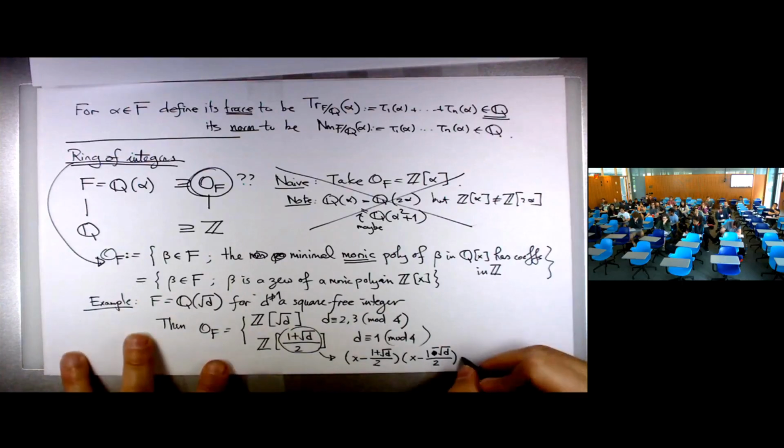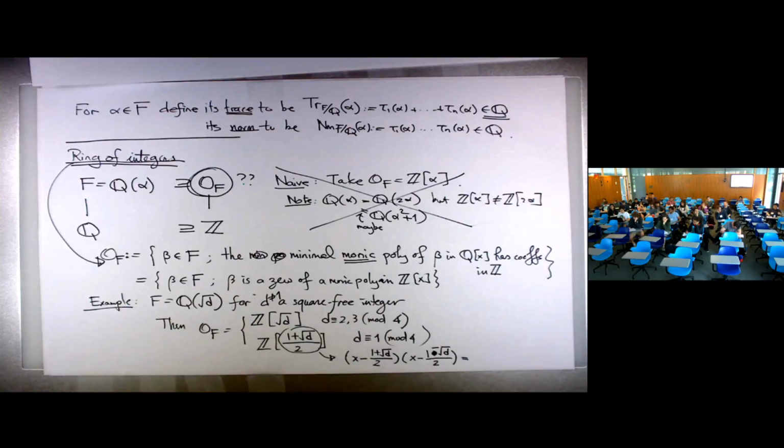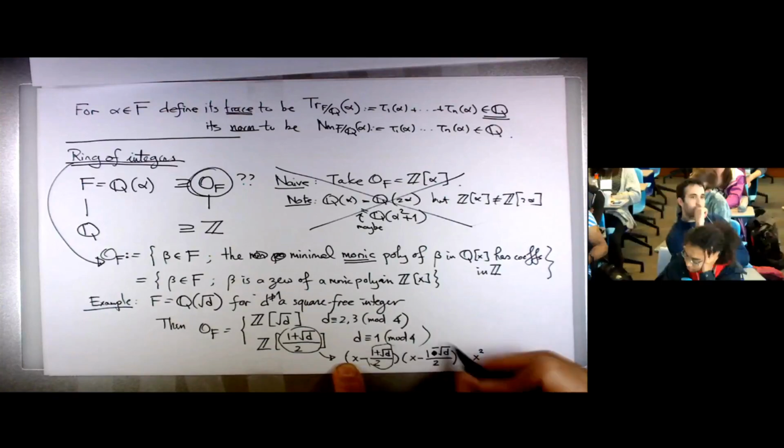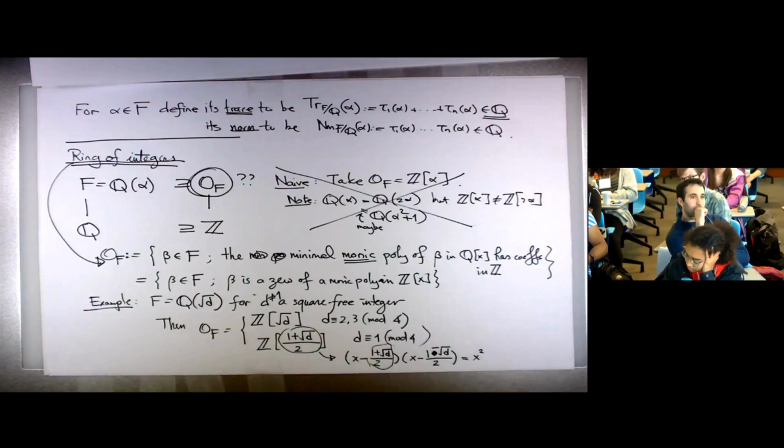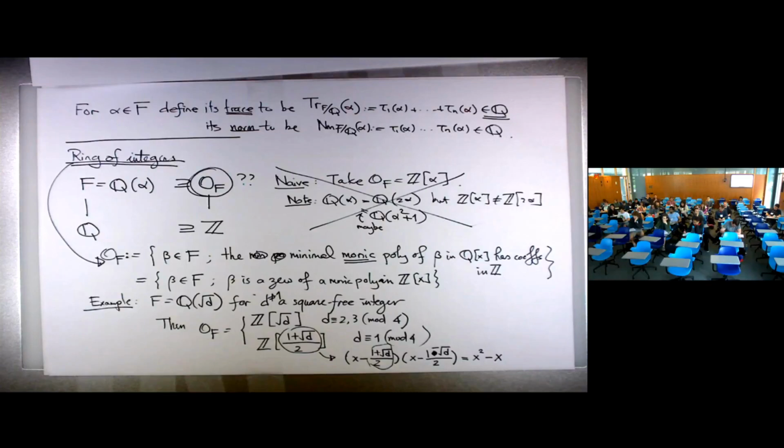Okay? Now let's multiply these two out. So what do I get? I get x squared. I'm just going to do a concise calculation. Then I'm going to subtract, 1 plus root of D over 2 and 1 minus root of D over 2, sum them. So I end up getting negative 1, negative x for the next term. And for the last term, it's going to be plus 1 minus D in the numerator, 4 in the denominator.